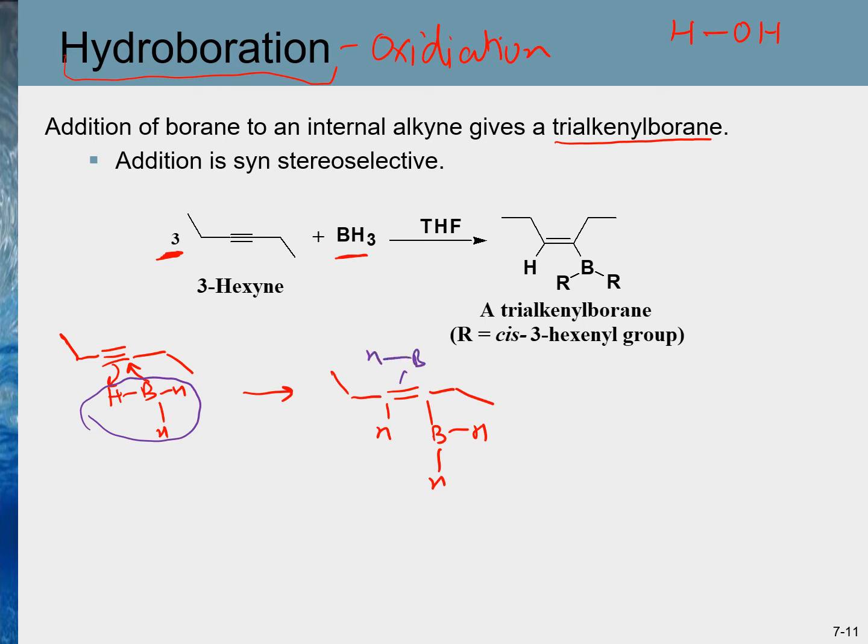In other words, this addition to get the di-substituted boron product is not possible. It does not take place. So we only get a mono boron substituted product in this reaction.